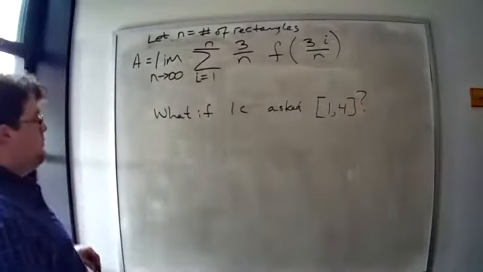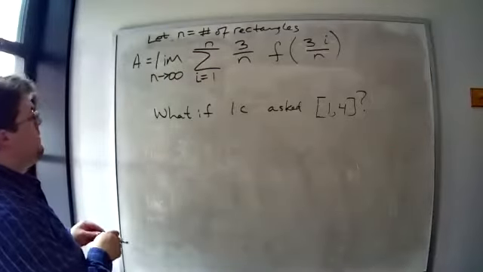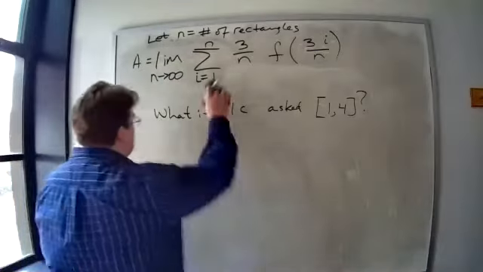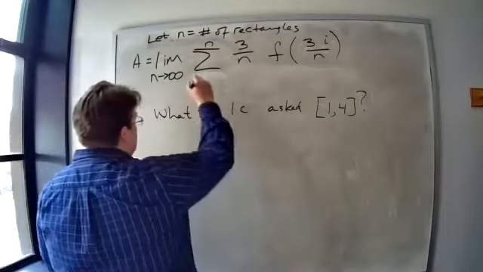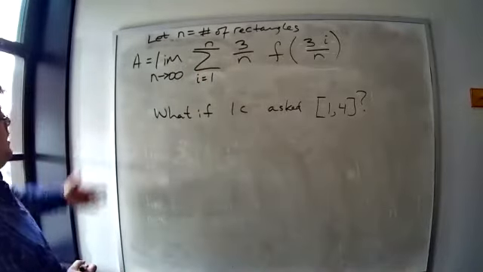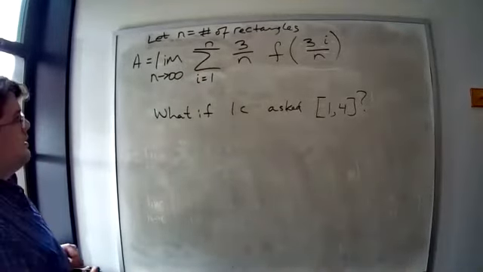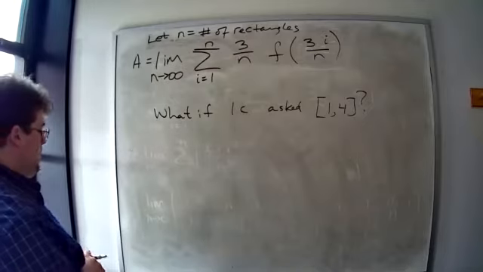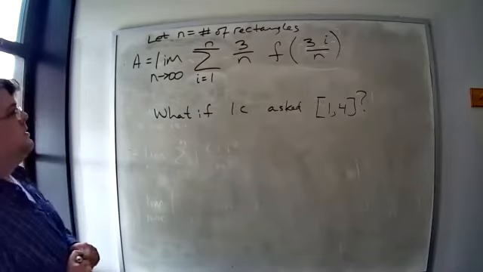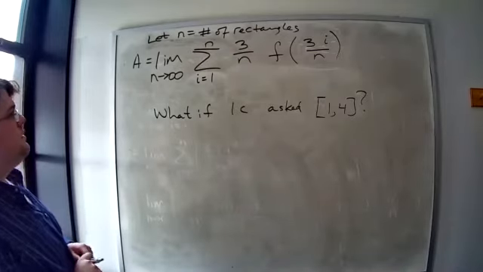And I don't mean actually simplify this and solve it, but if the question asked 1 to 4 instead of 0 to 3, what would change in that formula up there? So try that for about a minute and see what you get.